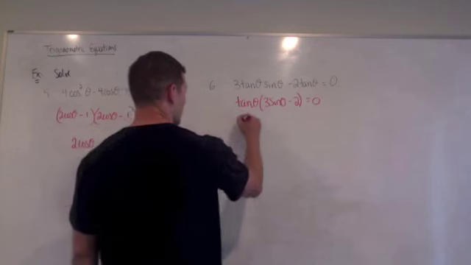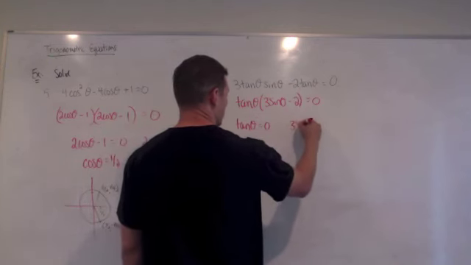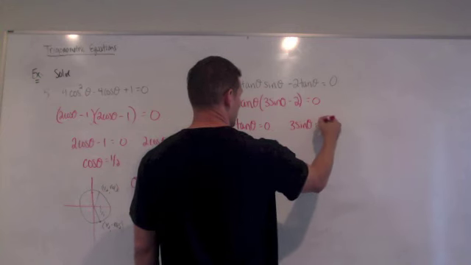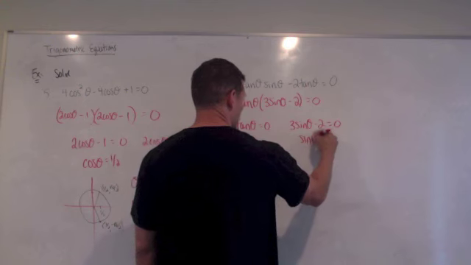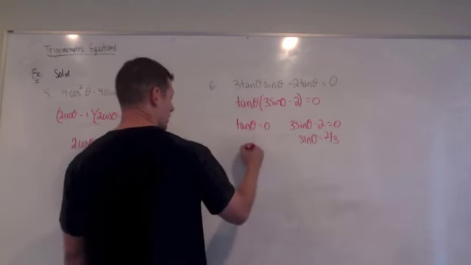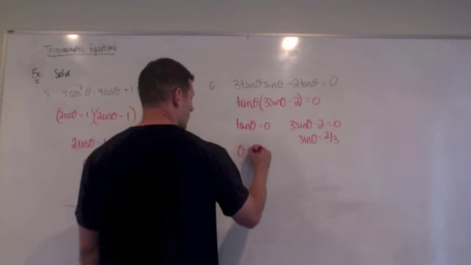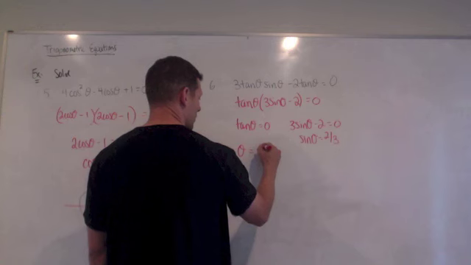So then we have tangent theta equals 0, or 3 sine of theta minus 2 equals 0. Well, this happens when sine of theta equals 2/3. Over here, this happens when theta equals 0.